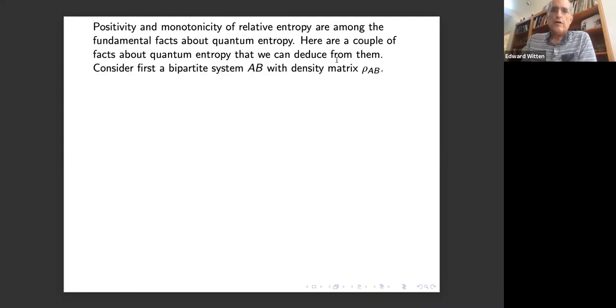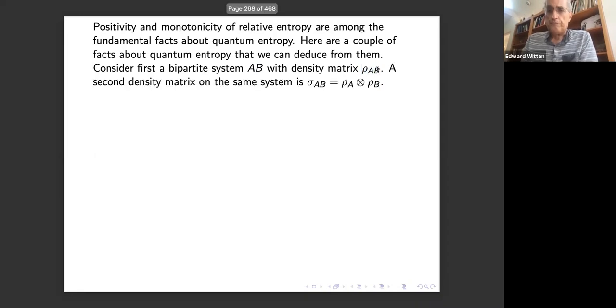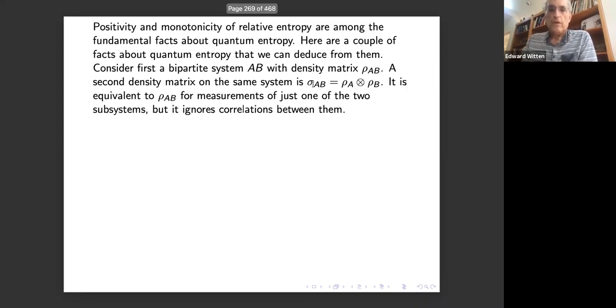First, consider a bipartite system. A bipartite system just means you have two subsystems, A and B, with density matrix rho AB. A second density matrix on the same system is rho A tensor rho B, which I'll call sigma AB. It's equivalent to rho AB for measurements on just one of the two subsystems.